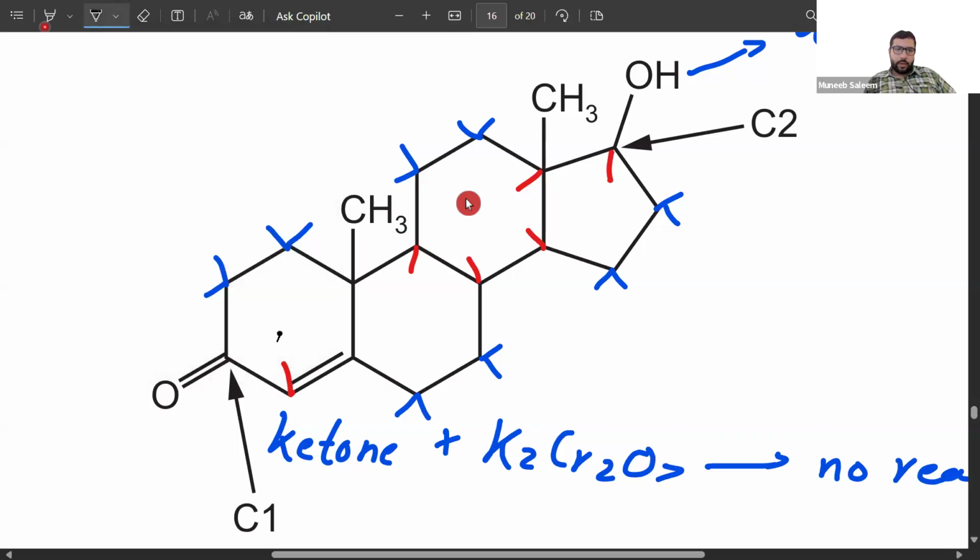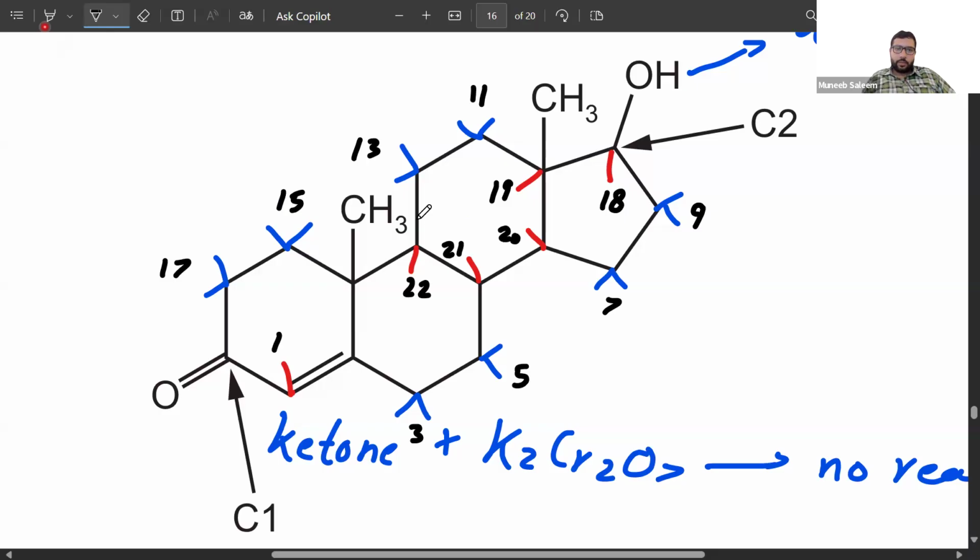We have 1, 3, 5, 7, 9, 11, 13, 15, 17, and then 18, 19, 20, 21, 22, and then add these numbers. 22 plus 3 is 25. And then these 3, 25 plus 3 is 28.